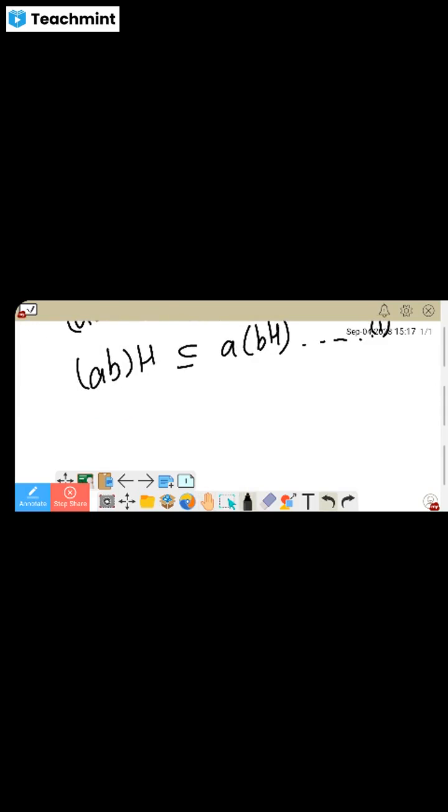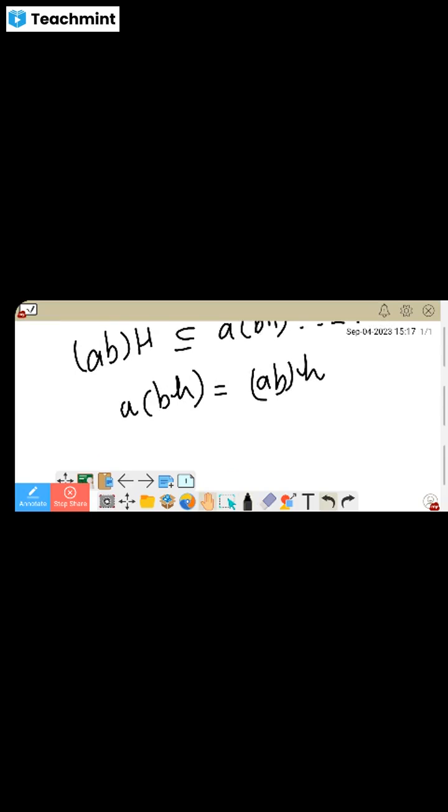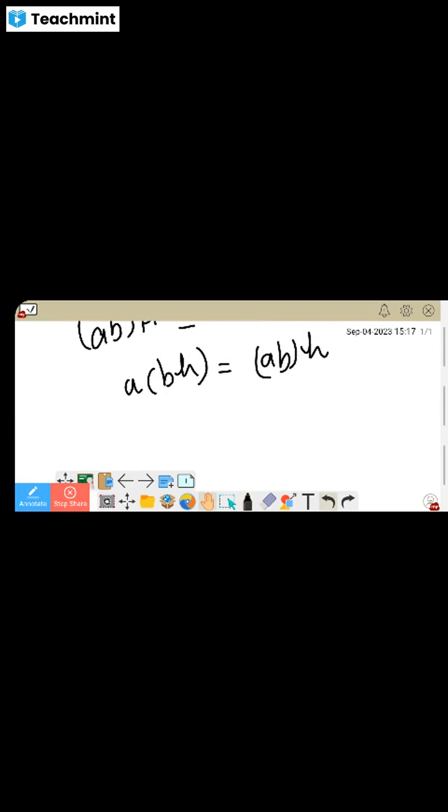Then for the next, A into BH is equal to AB and H. We have done this already by associativity.